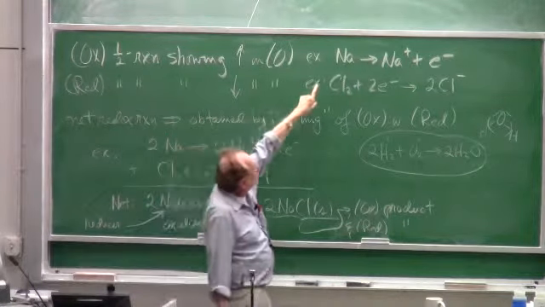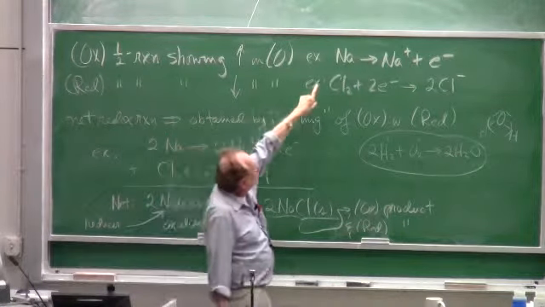Because it's absolutely impossible for any bulk system to be stable if it contains an excess of charge. That's impossible. So I cannot write an equation for a net redox reaction which makes any sense if it has residual electrons as reactants or residual electrons as products.